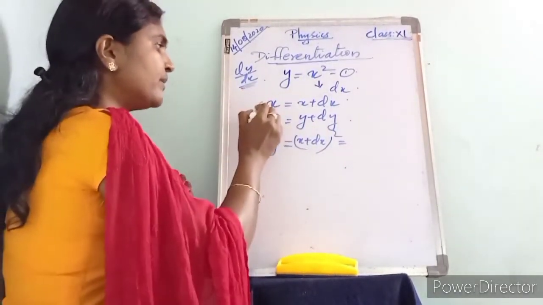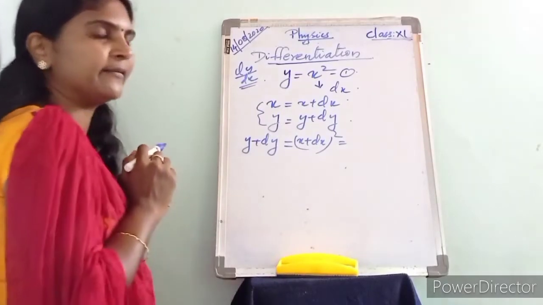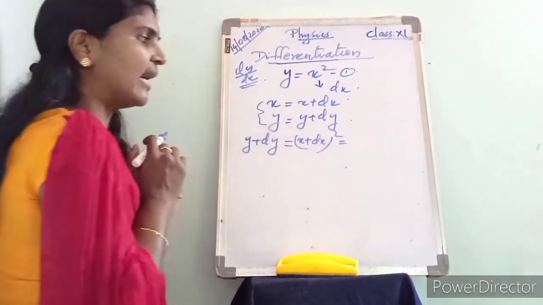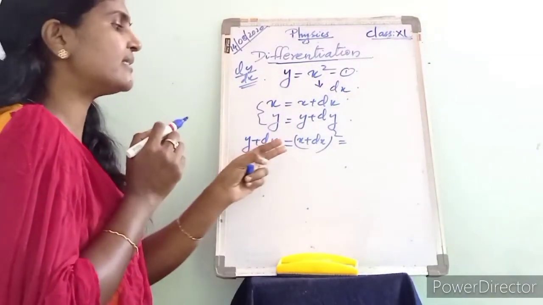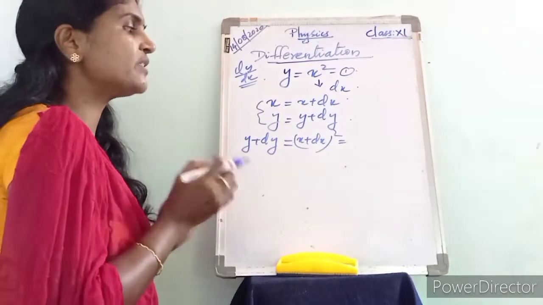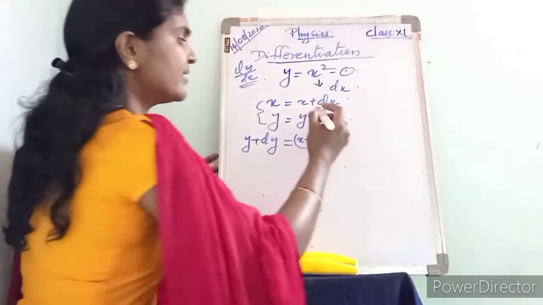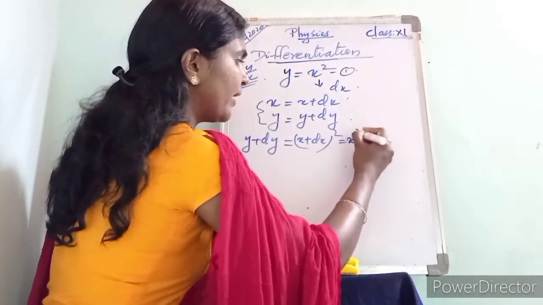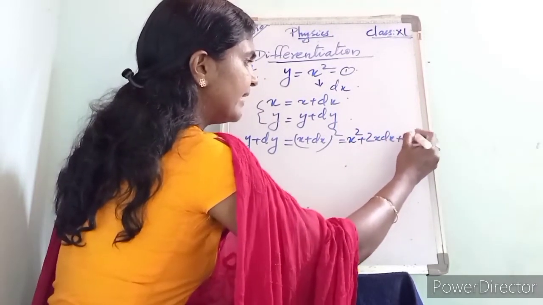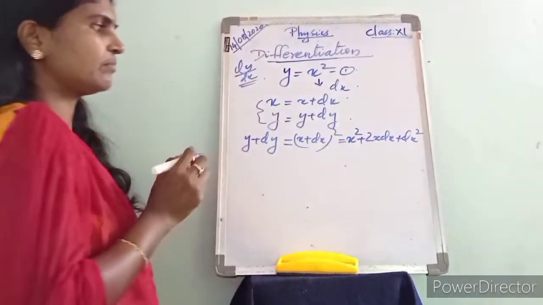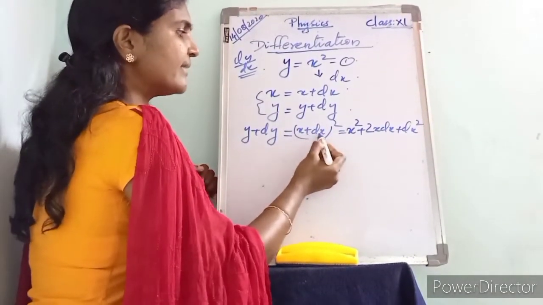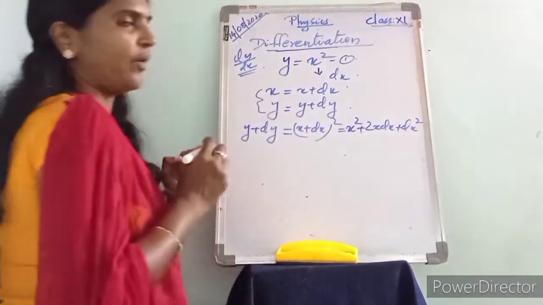Then we substitute these two values in equation 1. So y plus dy equals x plus dx the whole square. This is in the form of a plus b the whole square, which you know is a square plus 2ab plus b square. Similarly we can write x square plus 2x dx plus dx square.